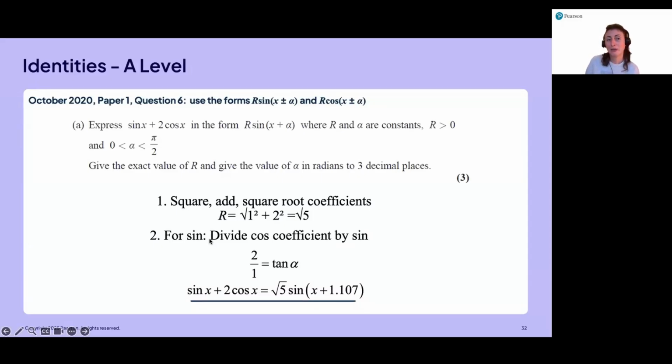If we're writing it in the form R sine, which is what we're doing here, then they need to divide the cos coefficient by the sine coefficient and do tan inverse of that. If they were doing this in the form R cos, then they would do the sine coefficient divided by the cos coefficient.